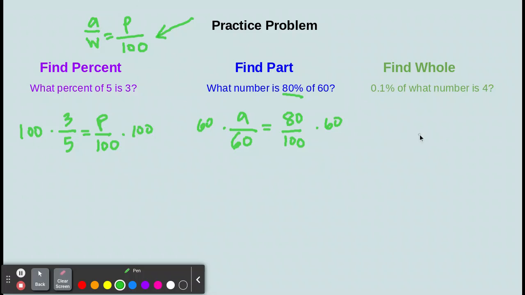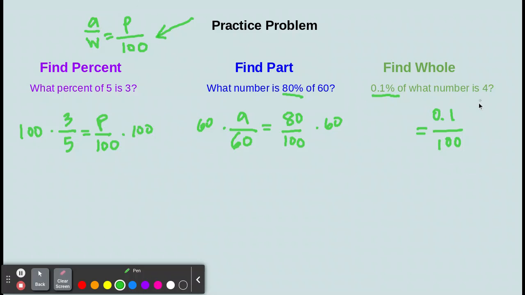And on the final one, finding the whole, again, we're going to use our percent proportion. So they gave us the percent. 0.1% of what number is 4? So this is 0.1 over 100.